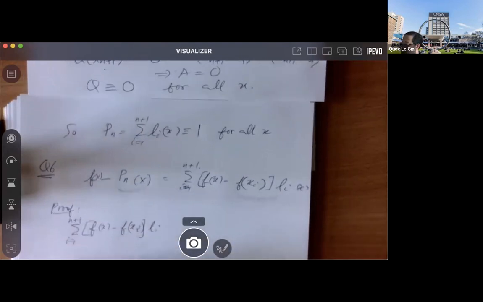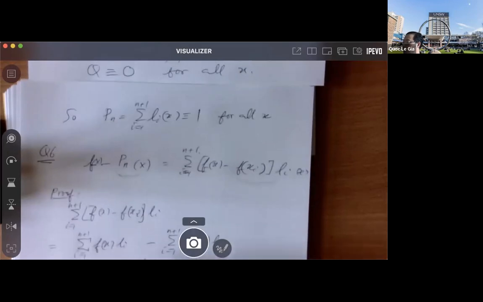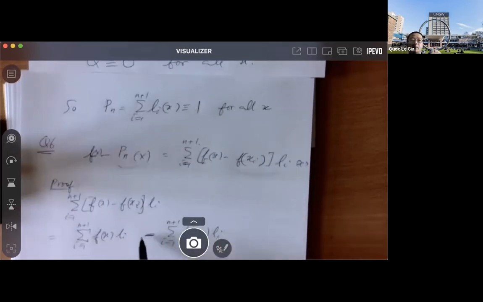We split it into two sums. What is the next step?